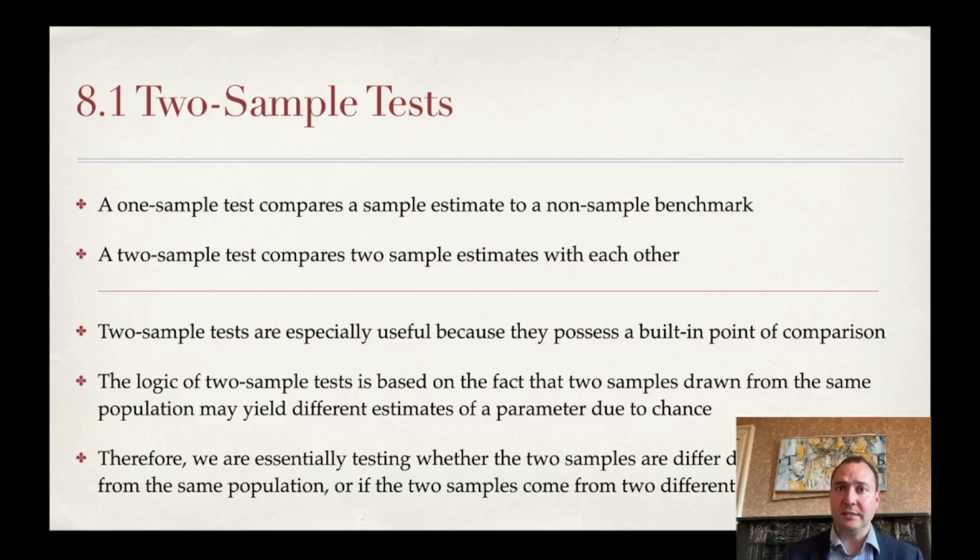So to test whether the difference is due to just randomness, depending on who you selected for your sample, or whether the difference represents a real difference in those two groups, we can use a two-sample test to figure that out. Therefore, we are essentially testing whether the two samples are different due to randomness from the same population, or if the two samples come from two different populations.